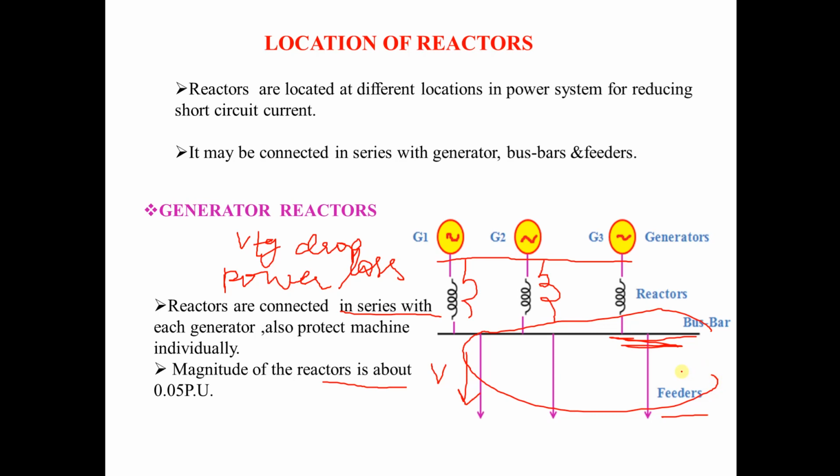So in this power station, large leakage reactance has to protect the generators against the short circuit, and using separate reactors for the generator is sufficient. So these are the disadvantages of the generator reactor.